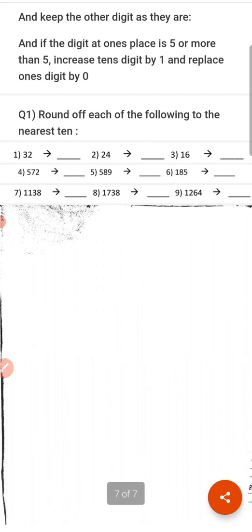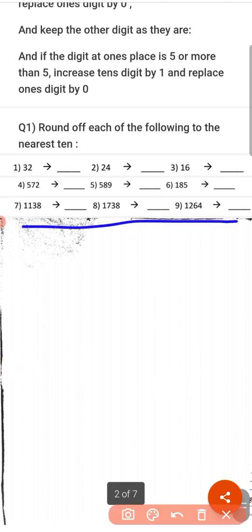Our first question is 24. We are rounding this number to the nearest 10. First we have to check the ones place.